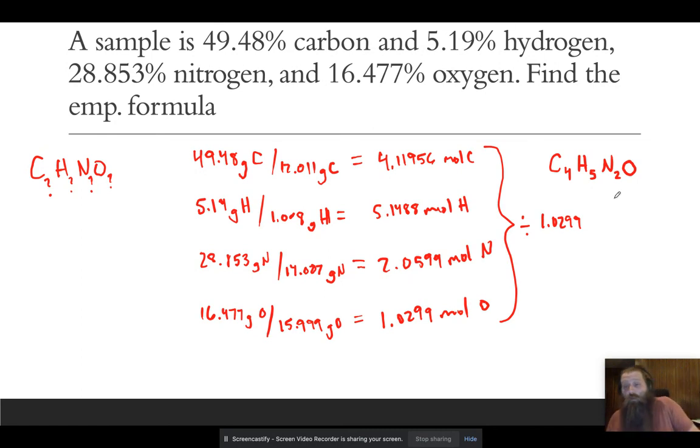Oh, no, I stand corrected. Sorry, we're doing empirical, not molecular formula. So that is the empirical formula of caffeine. It's not actually the molecular formula. I am so sorry.